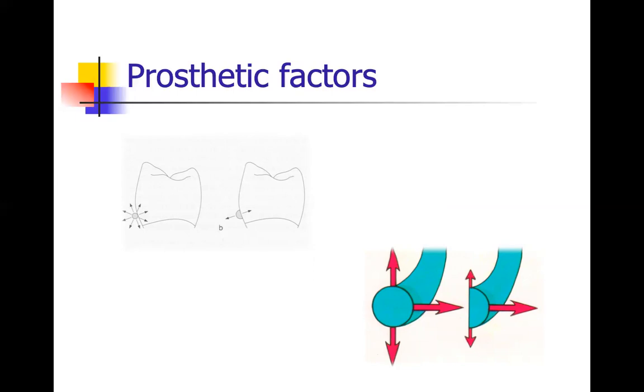Clasp arm should only flex away from tooth, so half-round clasp is used. Round-shaped clasp arm is used only in distal extension denture bases so that it can flex in all directions during functional movements to minimize stresses.